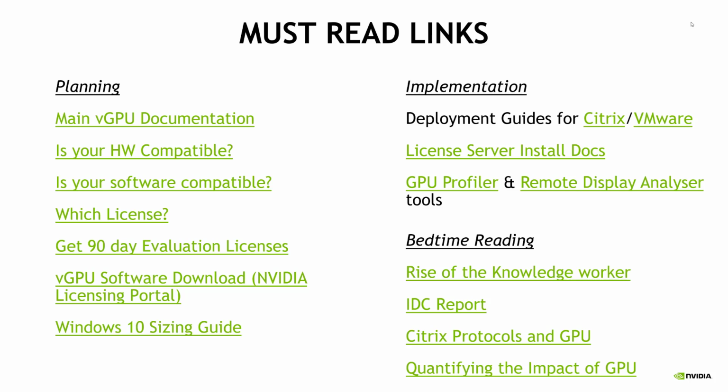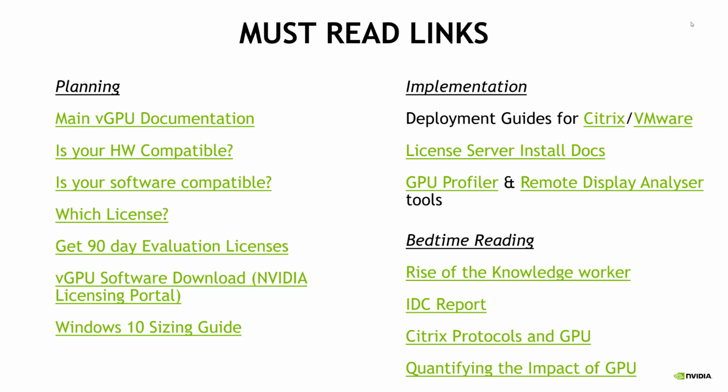There's a licensing PDF you can download to see which is the right license for you. You can get a 90-day evaluation license, so even though you need licenses, you can actually work for 90 days. We give you 128 licenses by default, and in some cases you can apply to get even larger numbers of licenses.